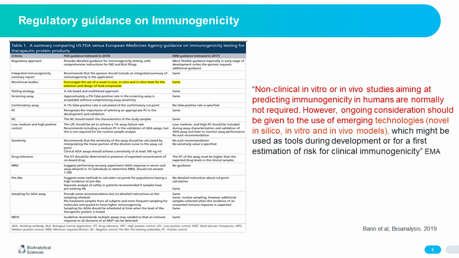However, ongoing consideration should be given to the use of emerging technologies such as novel in silico, in vitro, or in vivo methods, which might be used as tools during development or for a first estimation of the risk of the clinical immunogenicity.